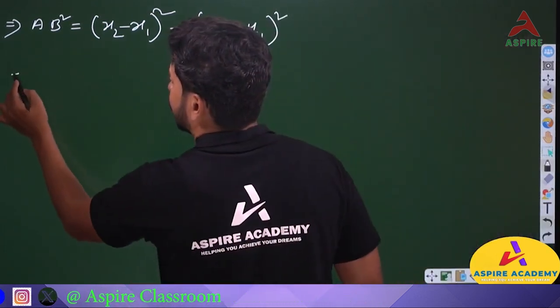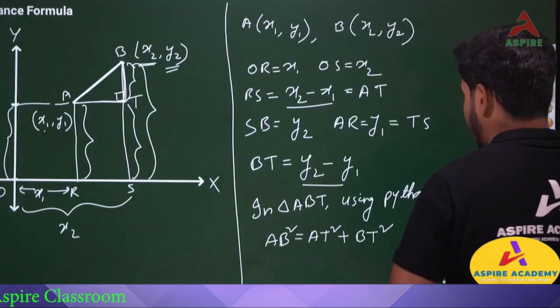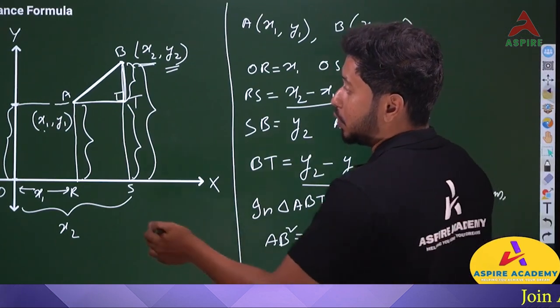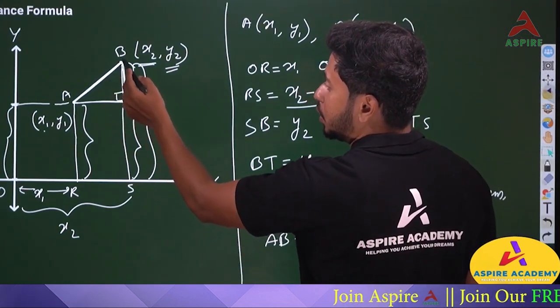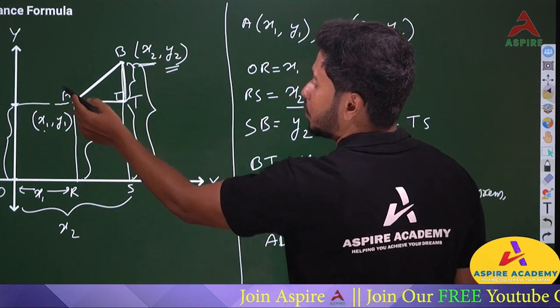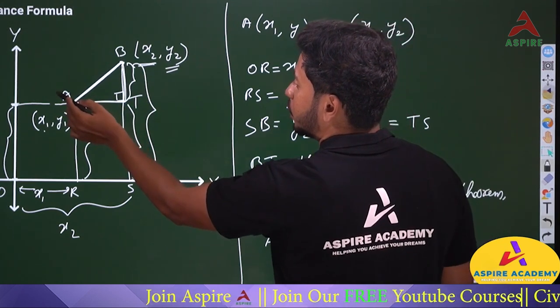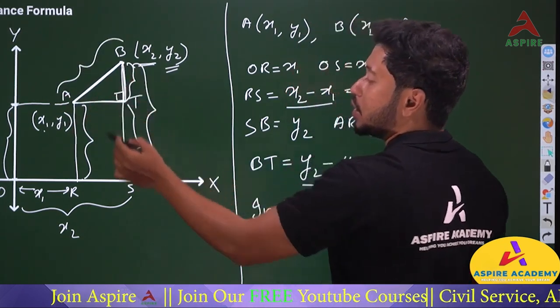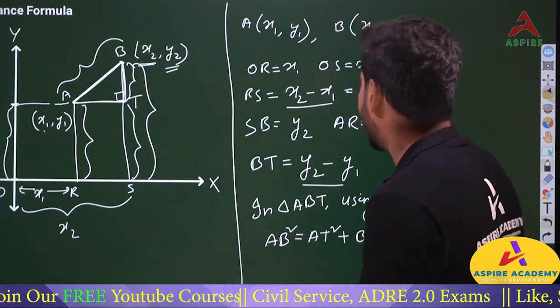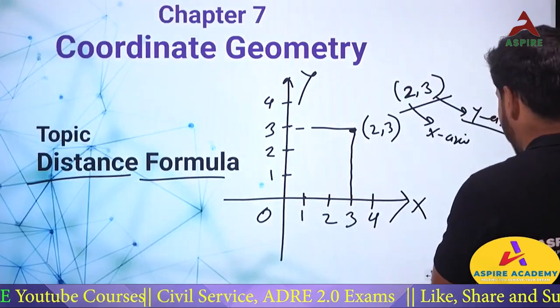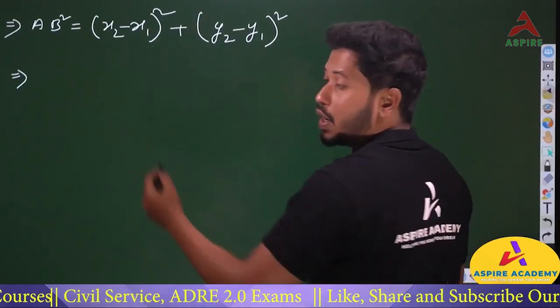At the first, what I told you is that we have to measure the length of this AB, or we can say we have to measure the distance between point A and point B. So AB square is there.